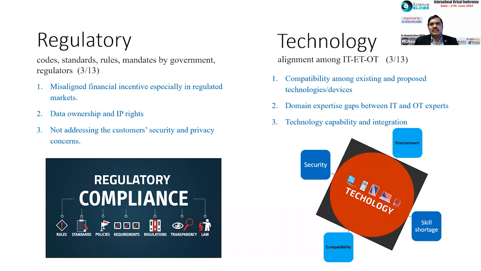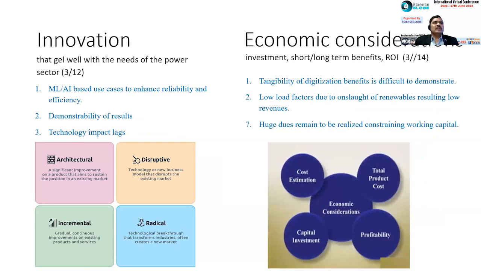In technology: compatibility among existing and proposed technologies, domain expertise gaps between IT and OT experts, technology capability and integration. Innovation: machine learning and artificial intelligence based use cases to enhance reliability and efficiency, demonstrability of the results, technology impact lags.